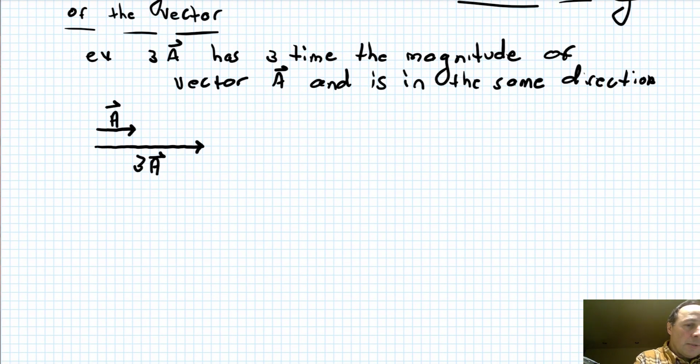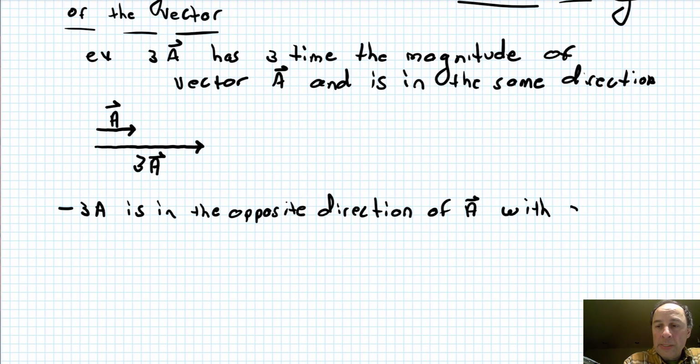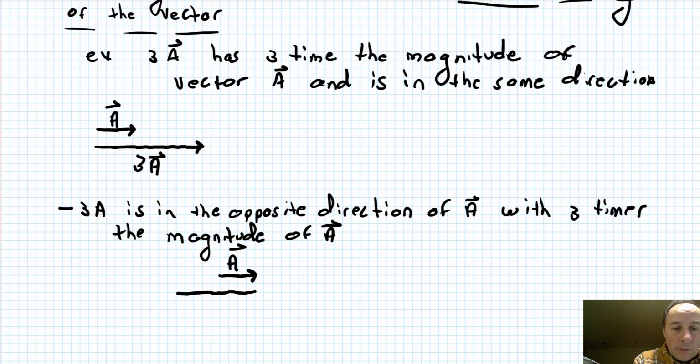All right. Similarly, minus 3A is in the opposite direction of A, with 3 times the magnitude of A. So, if this is A, 1, 2, 3, 4, then minus 3A is 1, 2, 3, 4, 1, 2, 3, 4, 1, 2, 3, 4.